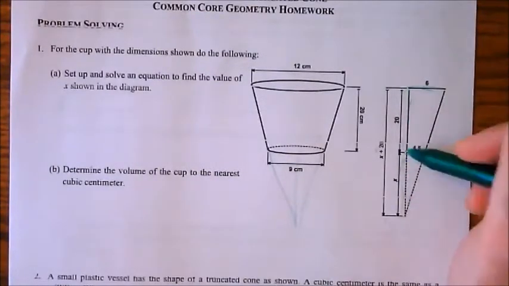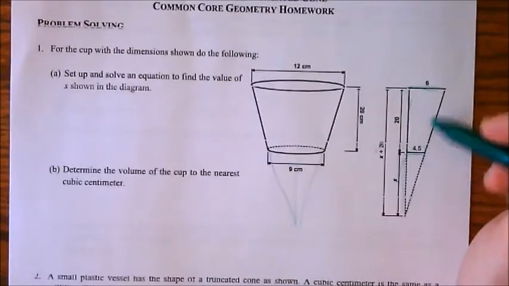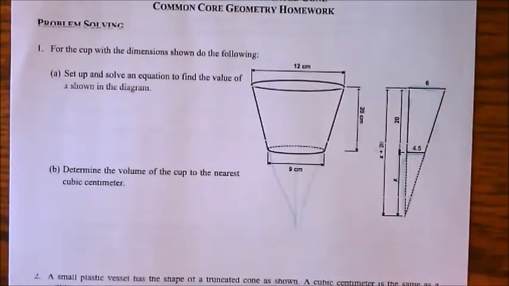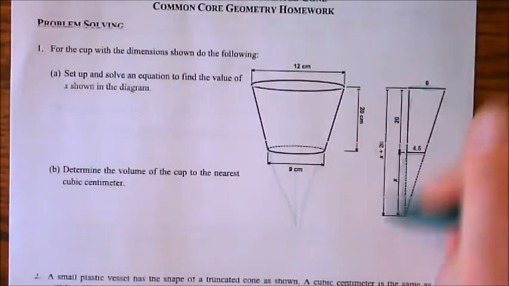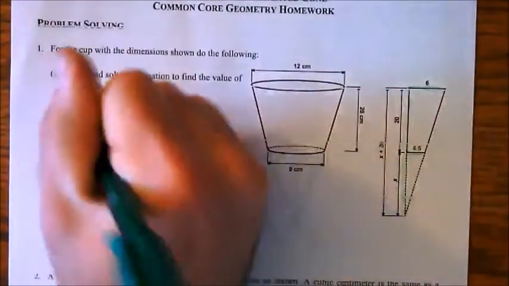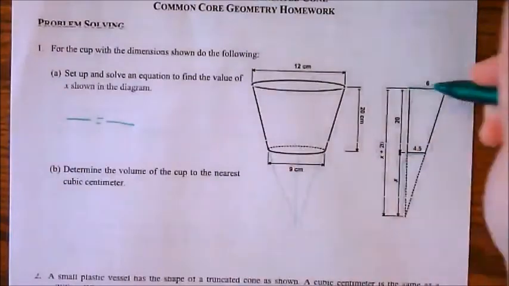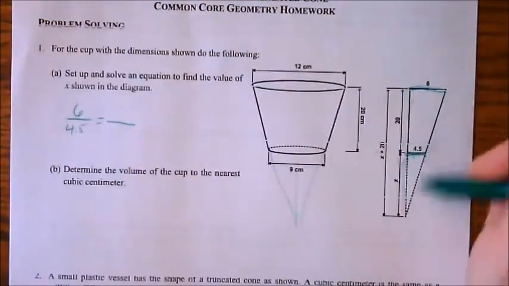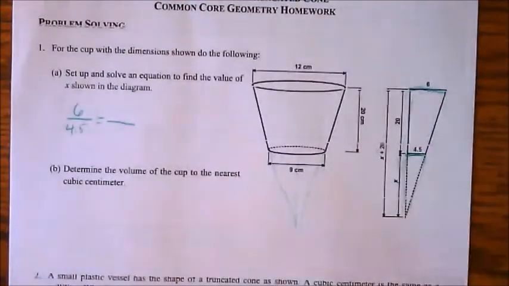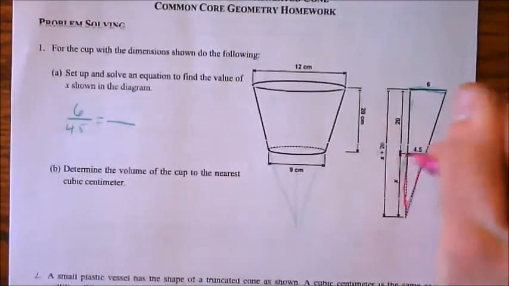So what I'm going to do is line equals sign line. Alright, I'm going to do 6 to 4.5. It's not the only way to start it, but that's how I'm going to do it. So I'm talking about this large triangle to the smaller triangle down here. So let's do this one in pink.